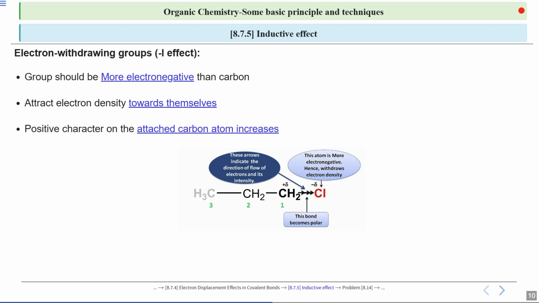Obviously, it will attack onto the carbon number 1, which is having a delta positive charge. This is the reason your functional group containing carbon compounds are more reactive than the normal alkane. It is due to the bond polarity, which results in an inductive effect and a positive charge onto the carbon attached next to the electron withdrawing group.